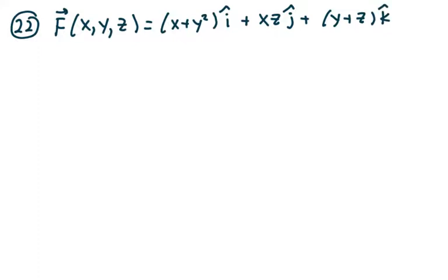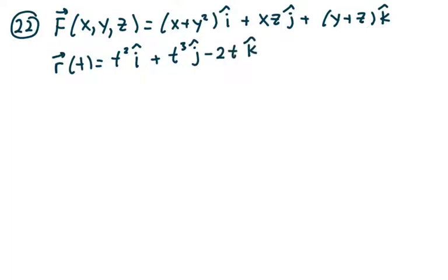Now, r of t is equal to the following. We get t squared i plus t to the third j minus 2t k. And this is where t is greater than or equal to 0 and less than or equal to 2.